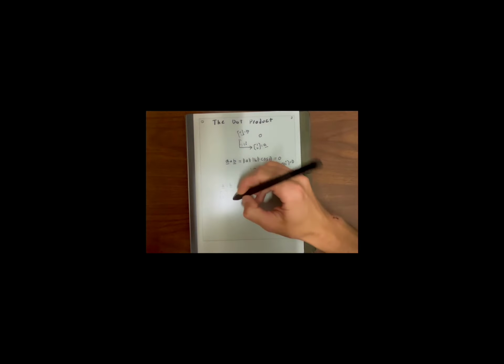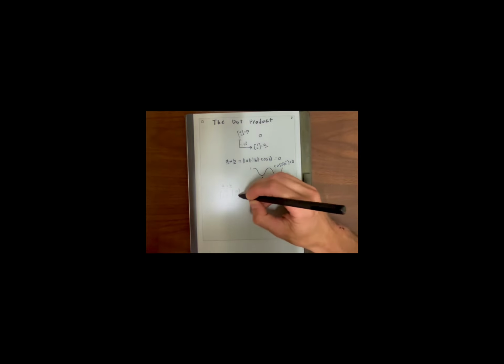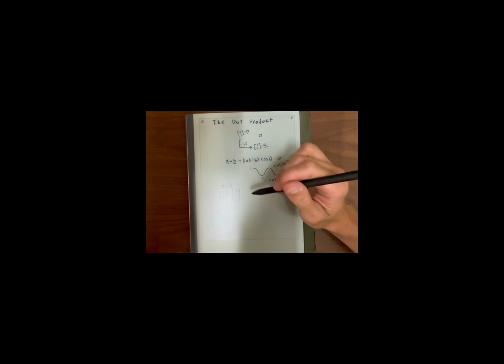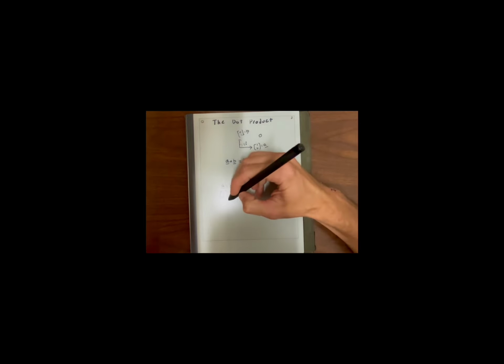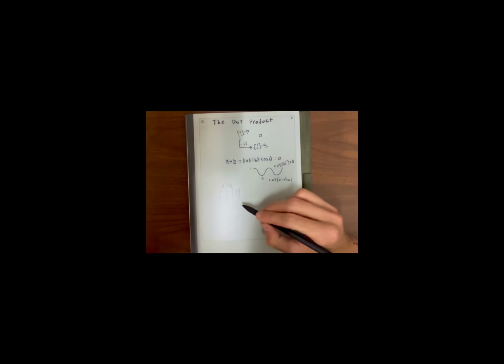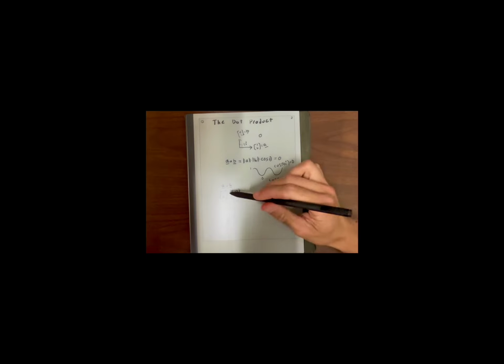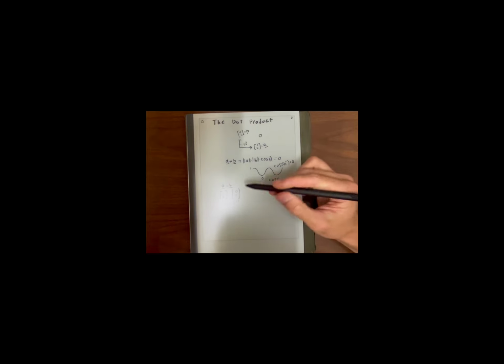Why? This vector is 2 rows by 1 column, 2 by 1. This vector is also 2 by 1, 2 rows, 1 column. You cannot multiply 2 vectors together if their inner dimensions don't match. So we have to do something in order to make it so that the inner dimensions match.